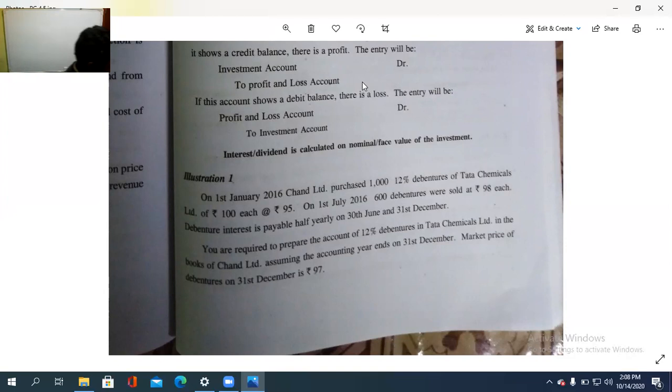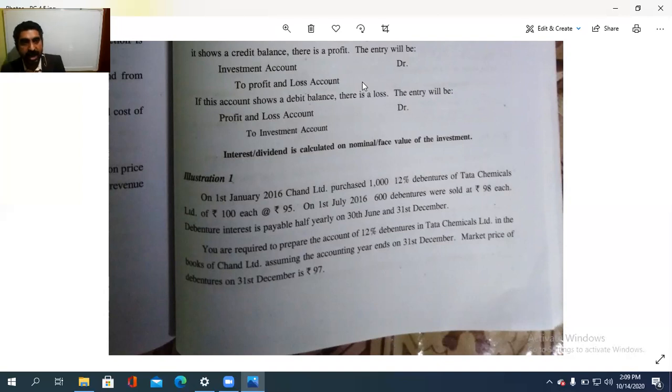In cum interest sale, the usual sale entry is bank account debit to investment account. So in case it is cum interest, the sale price includes the interest also. So bank account debit for the total price, to investment account with the quoted price, and to interest accrued.